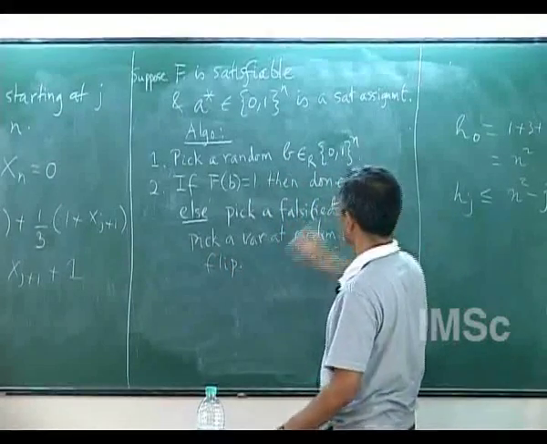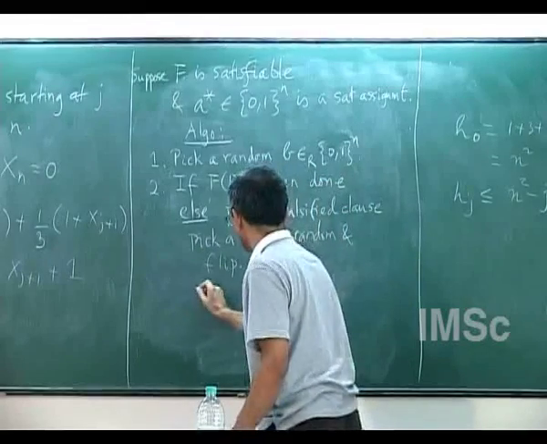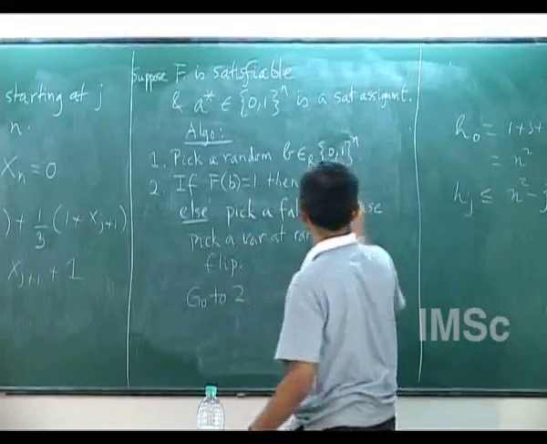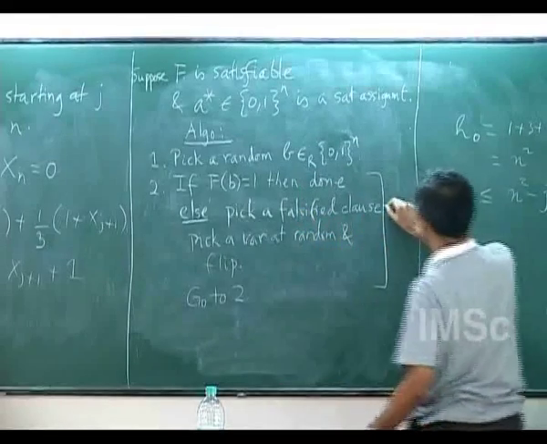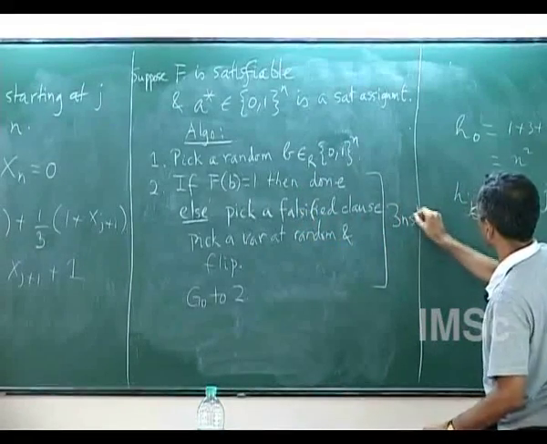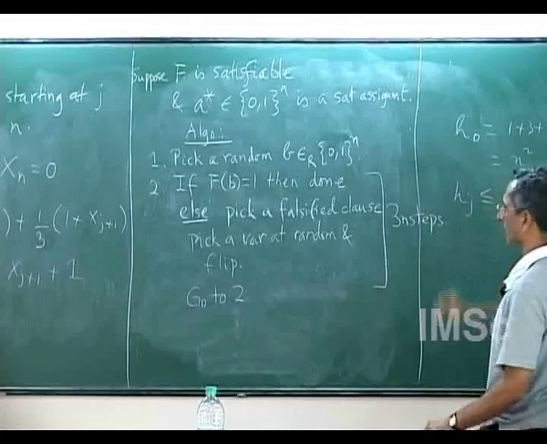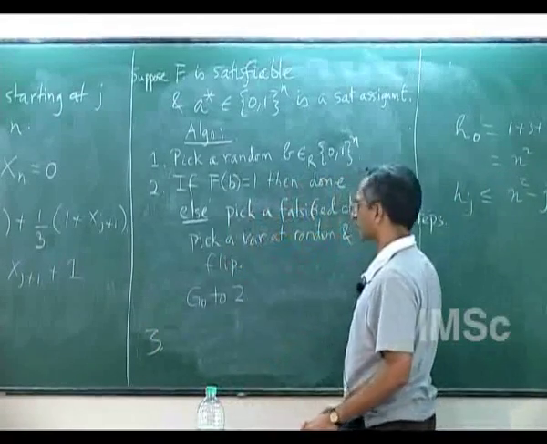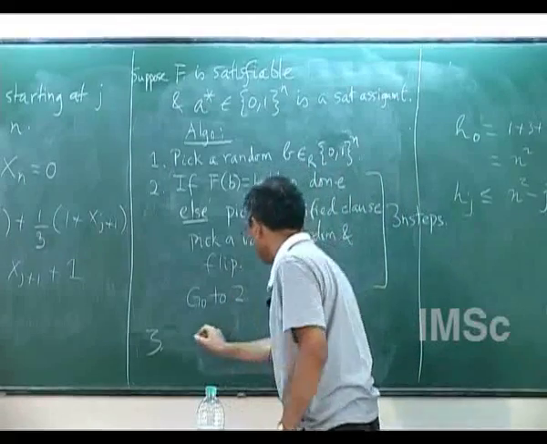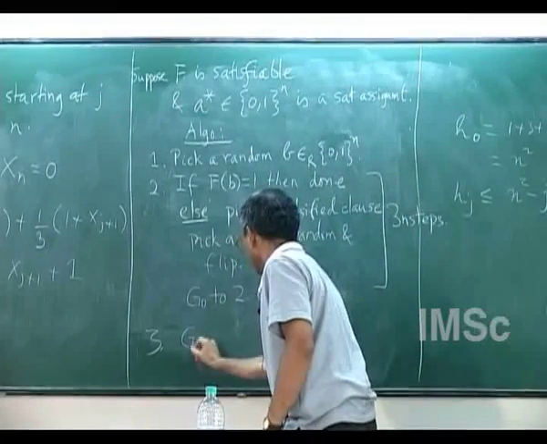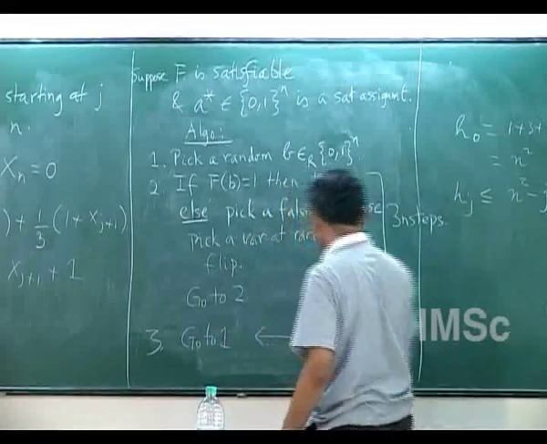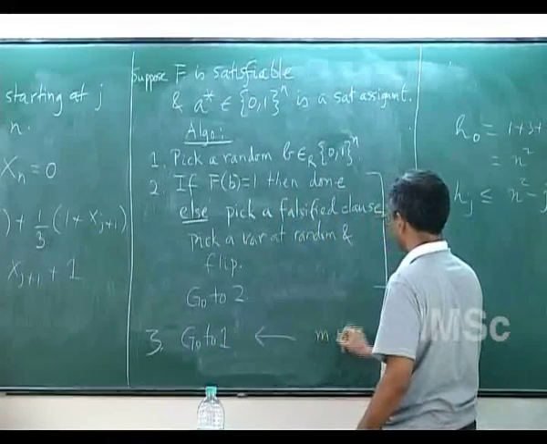You repeat, going to step 2. This you do for 3n steps. If it doesn't work, you go to step 1, and this loop you do for, let's say, some m steps.